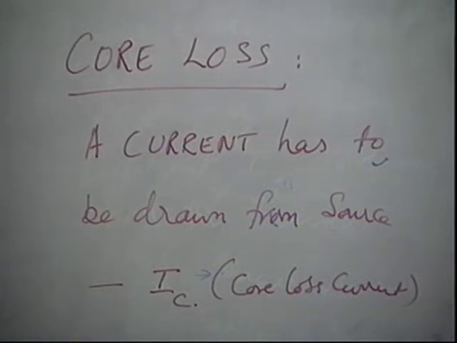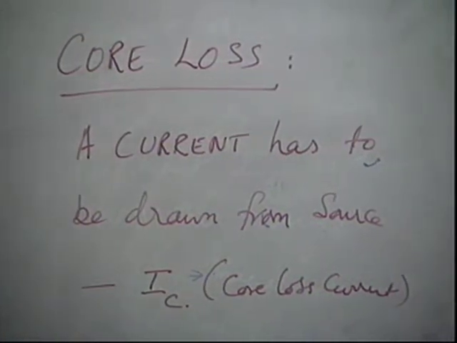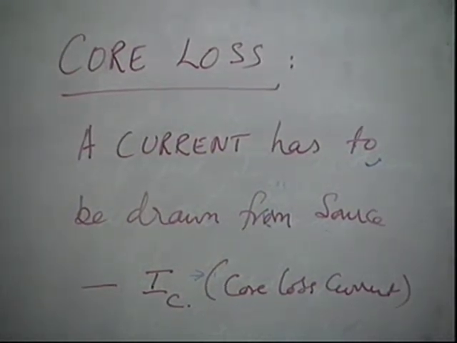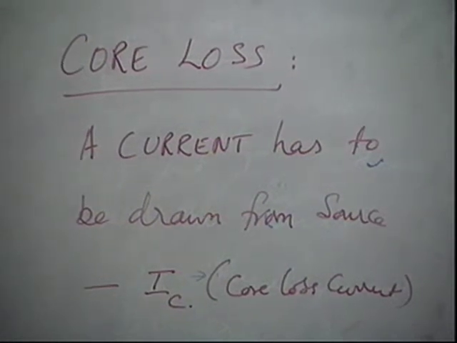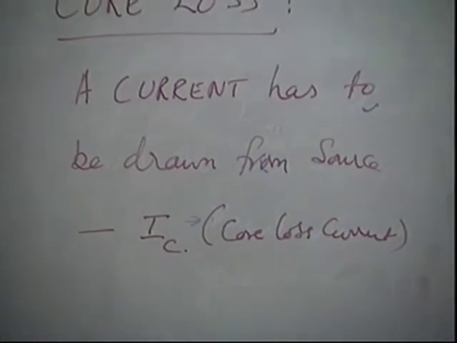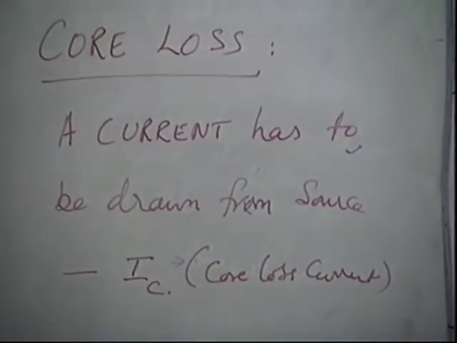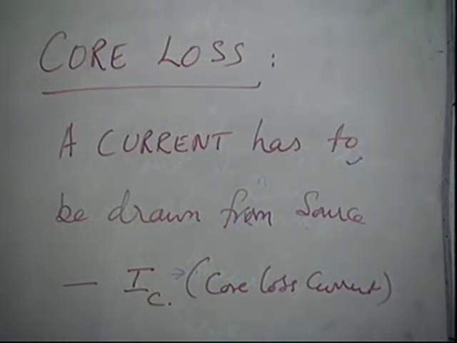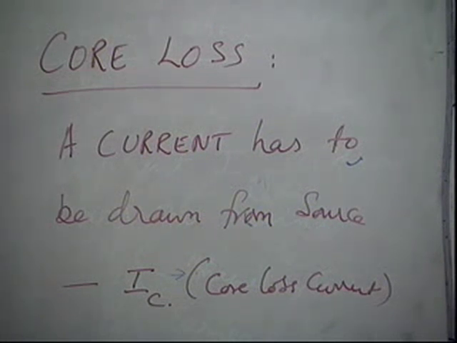Now this current, in which direction would it be? It should come from the source, and it is a loss. So is it in phase with V1 or out of phase with V1? Core loss is a loss, which is a power basically.